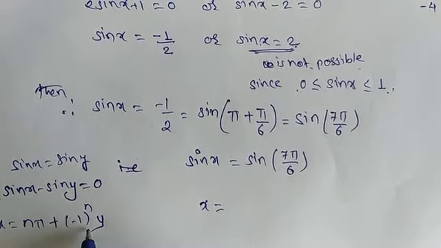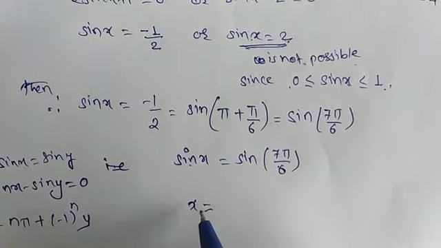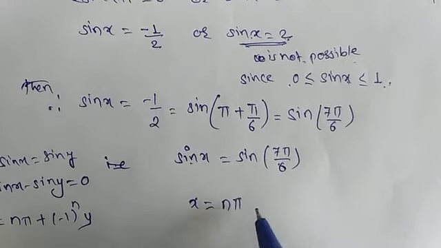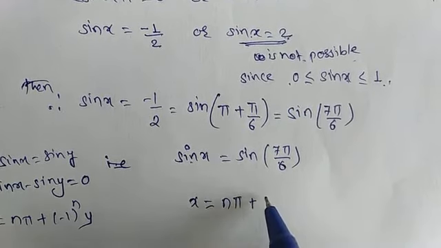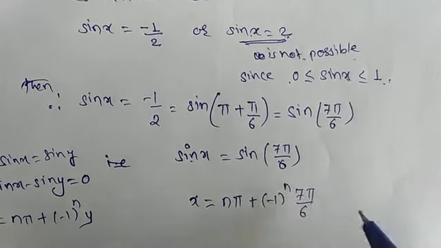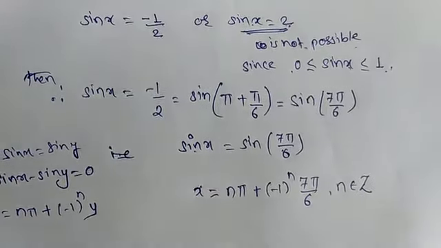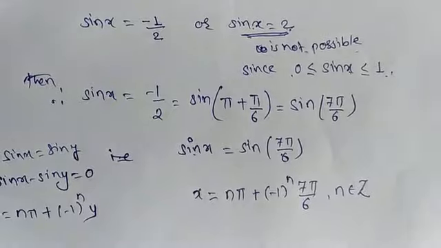So here it is in the form sin x is equal to sin y, so it can be written as x = nπ + (−1)^n 7π/6, where n belongs to Z. Which is our required solution.